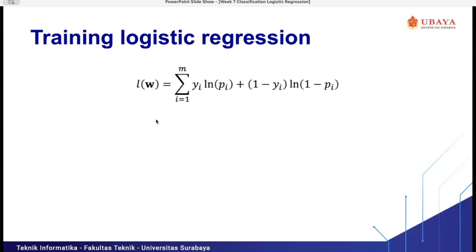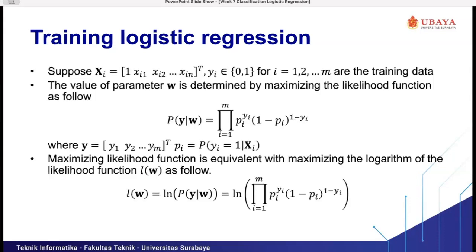So the LW will be equal to the sigma for i equal 1 to m of Yi times the natural logarithm of Pi plus 1 minus Yi times the natural logarithm of 1 minus Pi. Why will the equation be like this? It is because of the logarithm properties. If we have the natural logarithm of a multiplied by b, it will be the natural logarithm of a plus the natural logarithm of b.